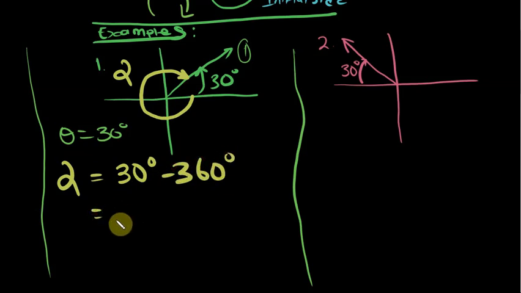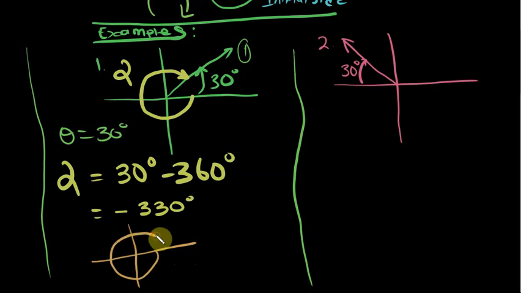So 30 minus 360 will give us negative 330 degrees. If we wanted to plot this quickly just to confirm, negative 330 will move in that direction all the way, and will be that angle right there. So yeah, that's the coterminal.